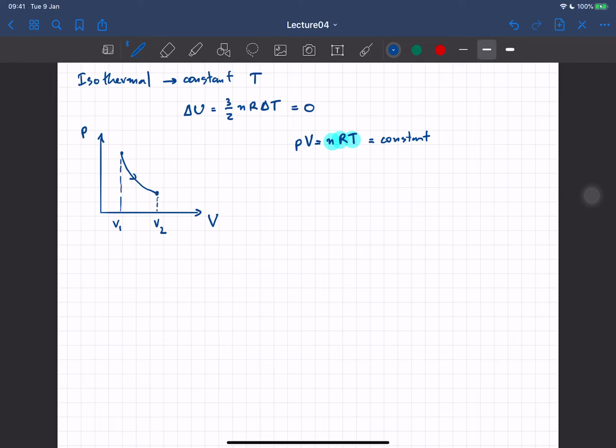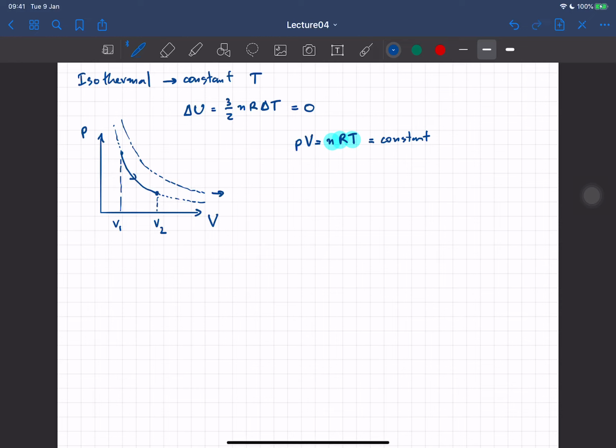So for a given temperature, that corresponds to one hyperbola on the PV diagram. Because this section of the curve here is one section of a hyperbola which extends infinitely from very high P to very low P. And this is for one particular temperature. If you have a different temperature, you're gonna have a different curve, which is also a hyperbola, but a hyperbola where the right hand side is a different number. Okay, so you have this kind of curve which is all hyperbola, but hyperbola with different constant.